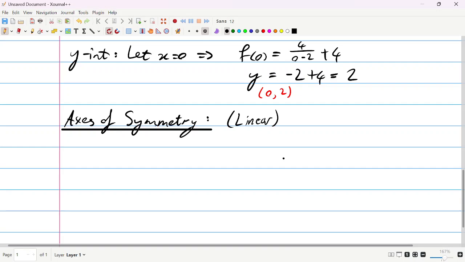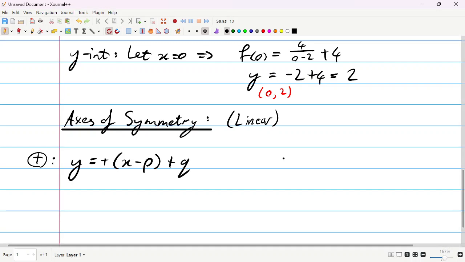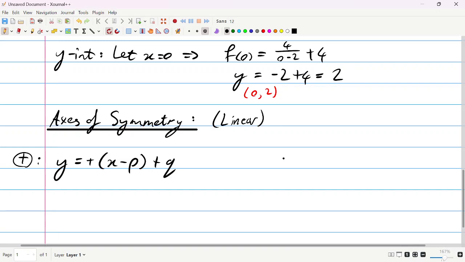So if we want to find the one with the positive gradient, the one with the positive gradient is essentially when we say y is equal to positive x minus p plus q. And then the negative one is essentially where we're just saying y is equal to the negative version of this plus q.